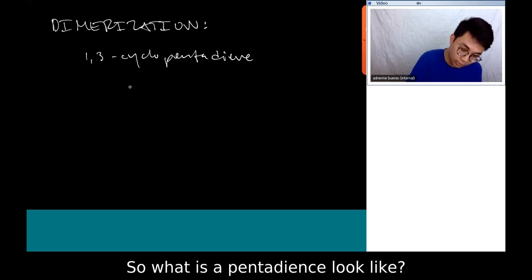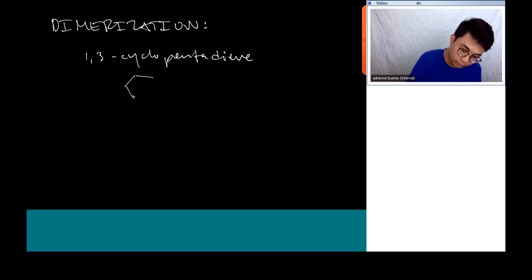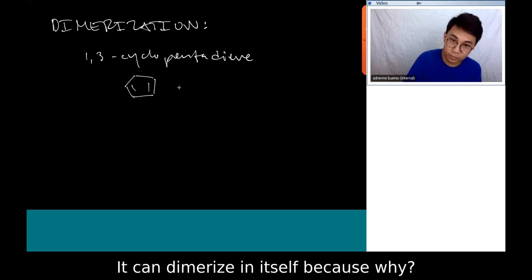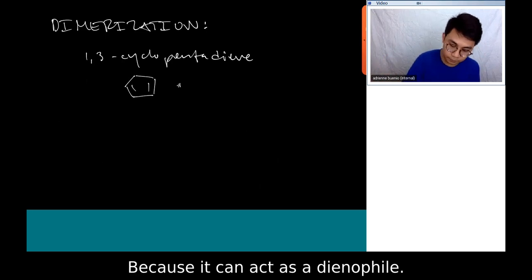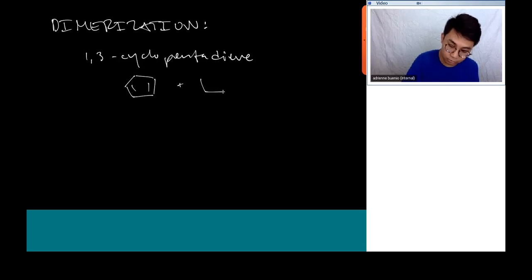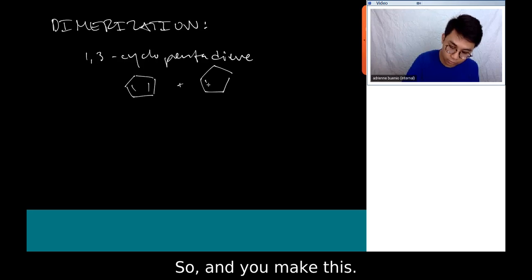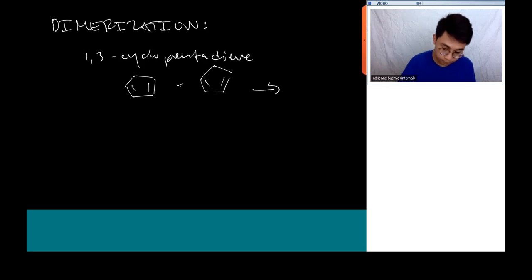So what does the cyclopentadiene look like? It can dimerize on itself because why? Because it can act as a diene and a dienophile, right? So you make this.